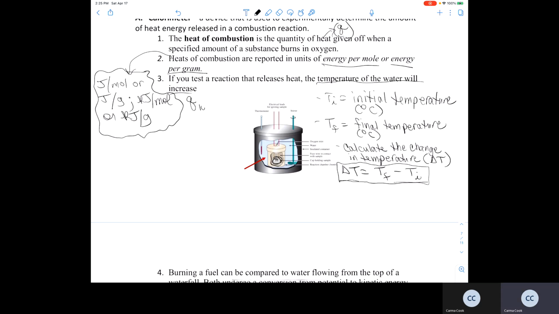So the heat is going to be lost by the substance being burnt or combusted, and heat is going to be gained by the water. The same amount of heat that is lost by the substance being combusted is equal to the amount of heat gained by the water.